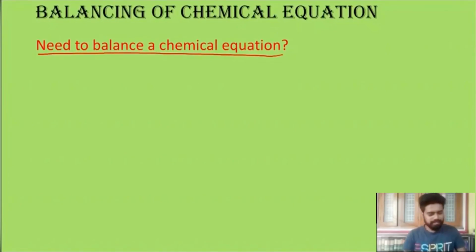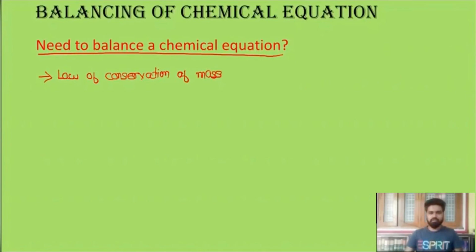The reason for balancing a chemical equation is to follow the law of conservation of mass. So, to follow the law of conservation of mass, we need to balance a chemical equation. Why? What does the law of mass conservation say?